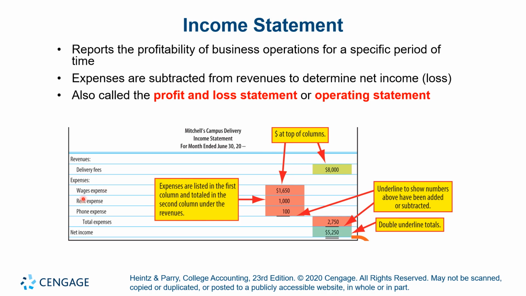So he paid people, he paid rent, and he paid his phone, right? So we put those totals right here, and then we total up these expenses, and we put that over here on this side. It says total expenses, put it in there. So then to figure out if I had a net loss or a net profit, I have to take my revenues minus my expenses, and that'll give me my net income.